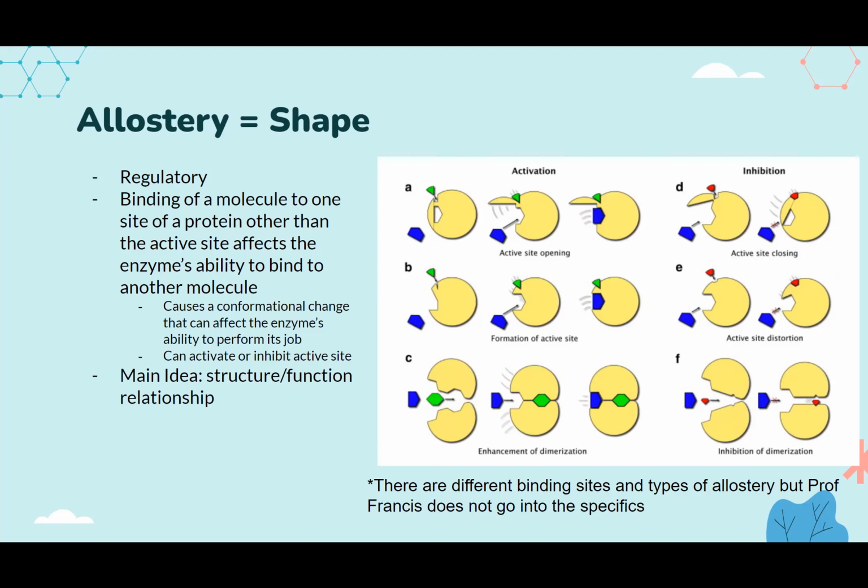So there's a variety of ways that they can be controlled, but the main idea is that a molecule comes in, causing a change of shape, which causes a change in the enzyme's function. So again, structure and function is the main idea of allostery.